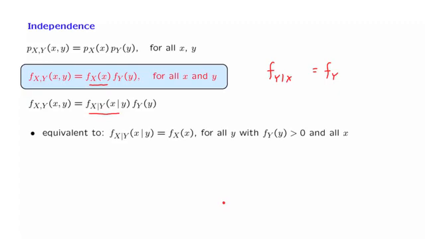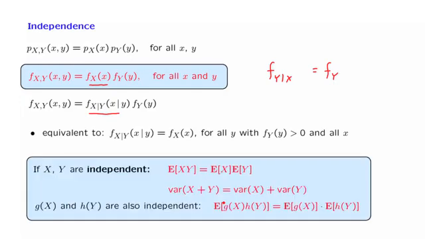Finally, let us note some consequences of independence, which are identical to the corresponding properties that we had in the discrete case, and the proofs are also exactly the same. So, the expectation of the product of independent random variables is the product of the expectations. The variance of the sum of independent random variables is the sum of the variances.